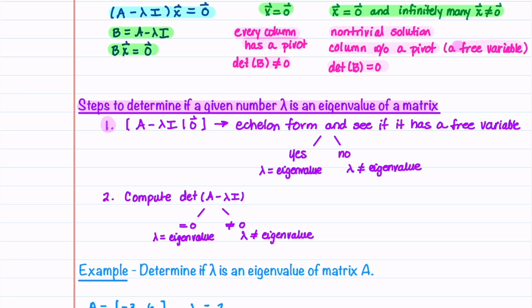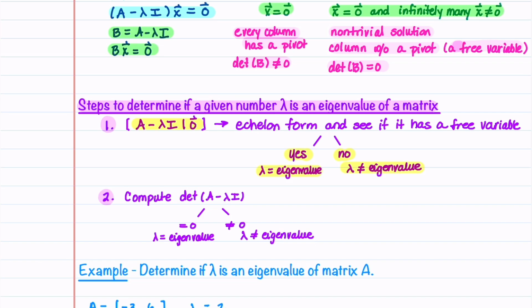In the first method, we'll take A minus lambda I and augment it with 0, put it in echelon form, and then see if it has a free variable. If it has a free variable, then lambda is an eigenvalue, and if it doesn't have a free variable, then we know that lambda is not an eigenvalue.